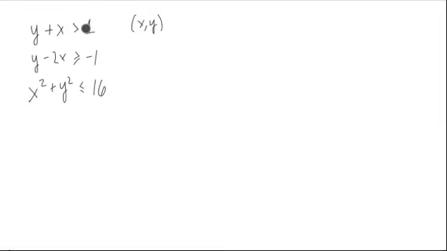So how we do this is we think, first of all, we answer the question where they are equal. So let's look at this first guy. y plus x equals 1 is right in between the two ideas of greater than and less than. In fact, it's the boundary or the border.